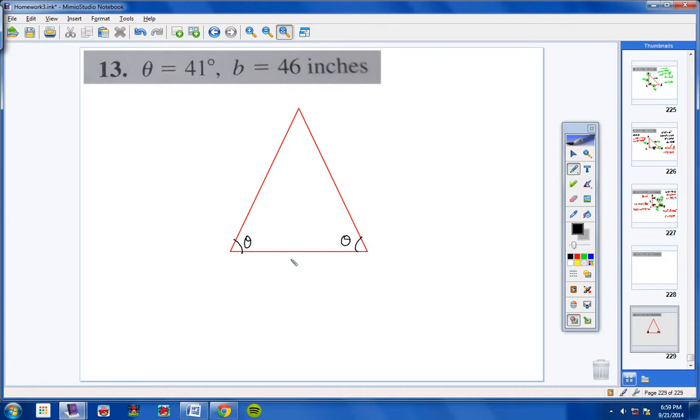The whole length going across would be 46. And we are asked to find the altitude. This would be a right angle from here, students, over to here would be 23. Half of 46, and this angle right here is 41 degrees.